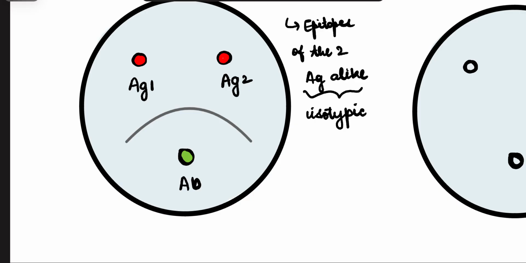So here we particularly get this as a line, which is what we call the zone of equivalence, and this is in the form of a perfect curve. Now in this case the two antigens are very identical, so we call it identity immunodiffusion.